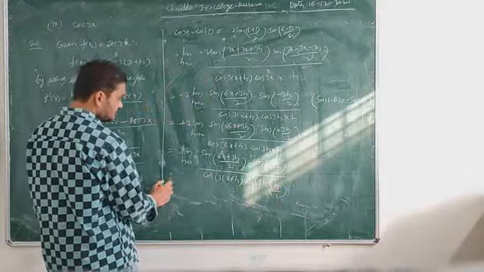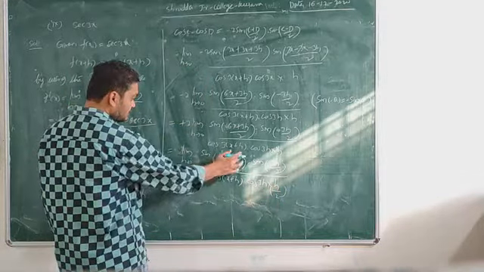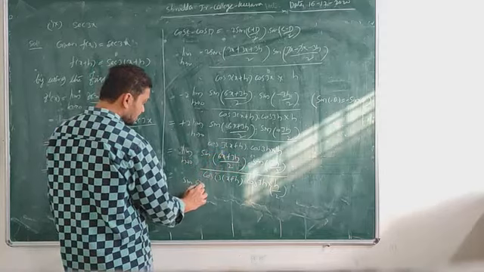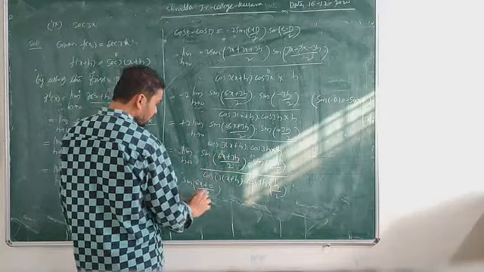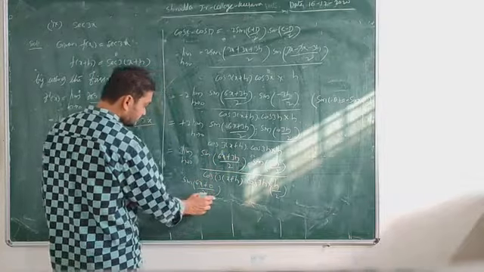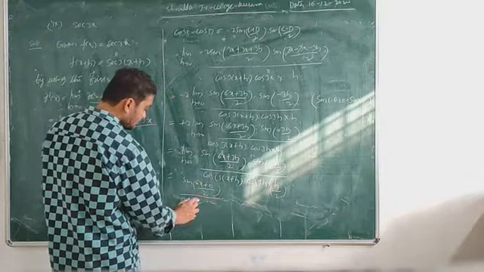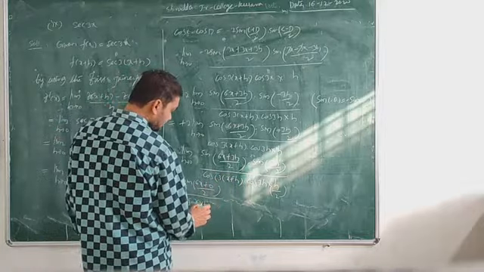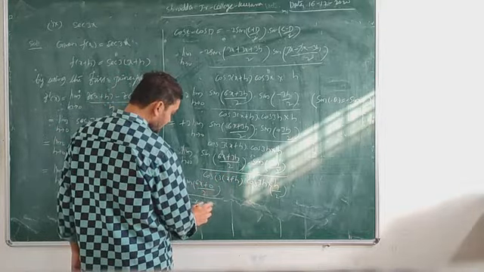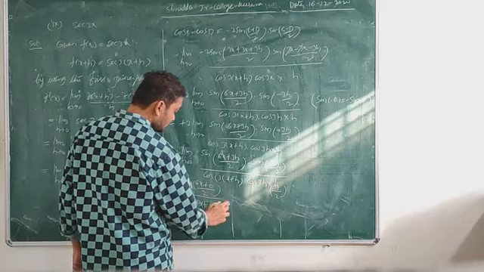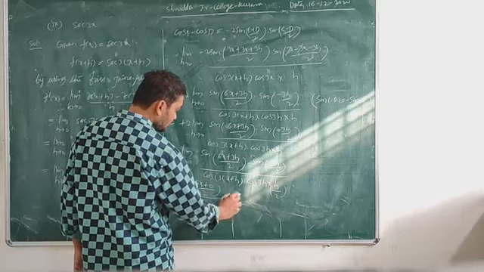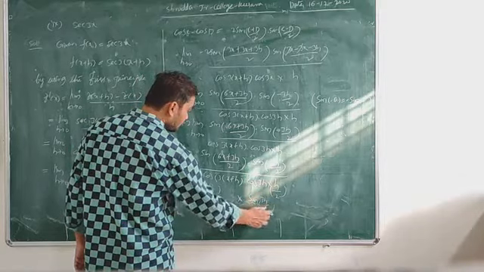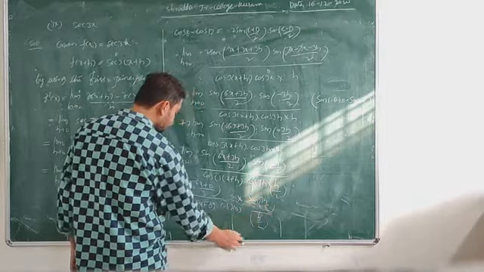Now here, substitute h as 0: sin of (6x plus 0) by 2 by cos 3 into (x plus 0) into cos 3x into sin 3h by 2 by h by 2.